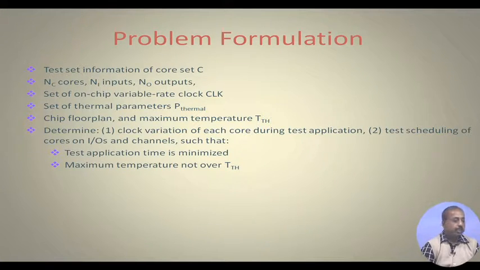Those parameters are to be taken, and the objective is to minimize the test application time. So, we determine this clock variation and test scheduling of IOs and channels such that the test application time is minimized and the maximum temperature is not over this T threshold. As I said, this is a DTM related threshold. So, this is the problem to be solved.